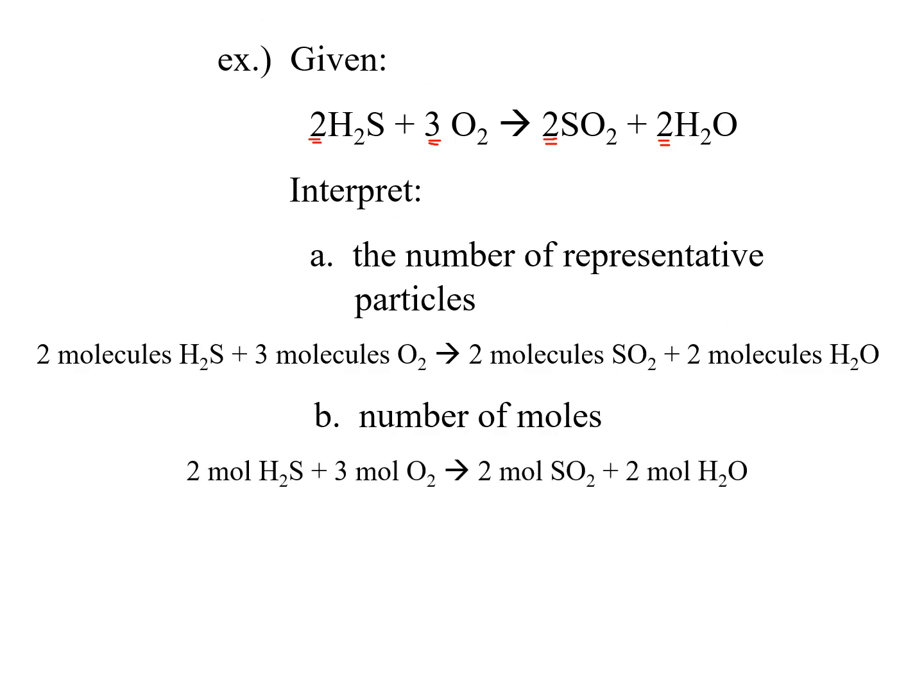So 2 moles of H2S plus 3 moles of O2 would yield 2 moles of SO2 and 2 moles of H2O. That's what our balanced chemical equation is telling us. If we actually went out and took 2 moles of H2S and 3 moles of O2, we should be able to make 2 moles of SO2 and 2 moles of H2O.